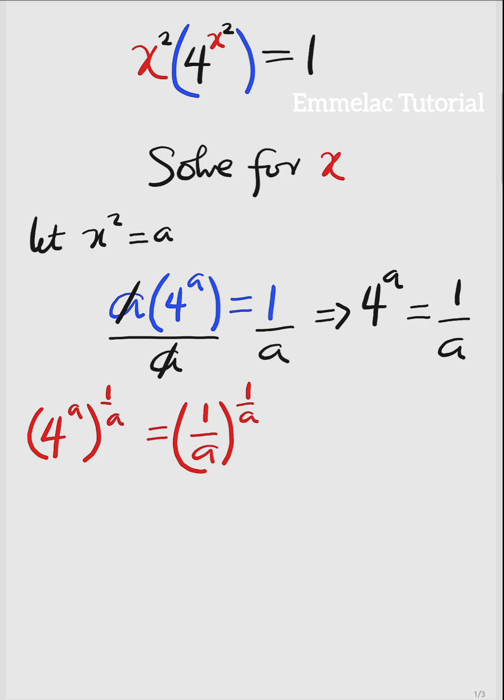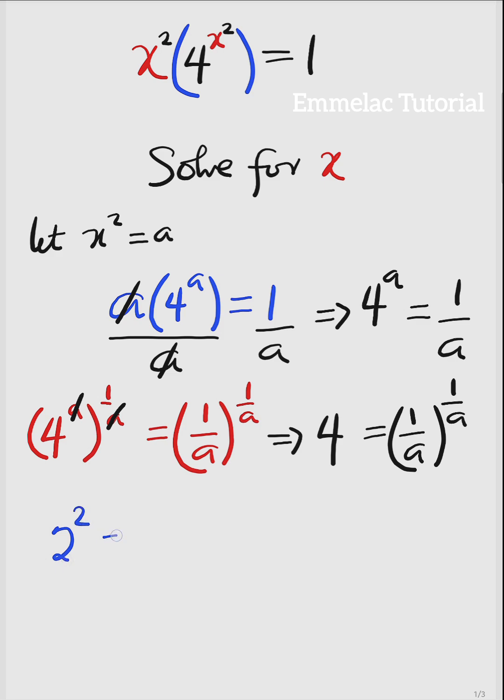By doing this, one clears off this, so this becomes 4 equals 1 over a all raised to 1 over a. At this point, our 4 can be written as 2 raised to 2, then equals 1 over a all raised to 1 over a.